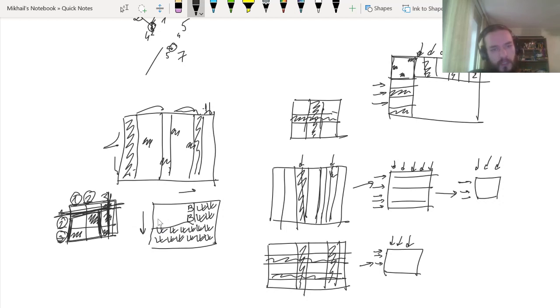So the next is a white column, which was not possible before, so that's fine. But no rows. Okay, no rows. We kind of have this choice as before.